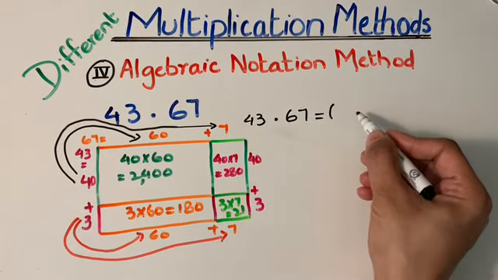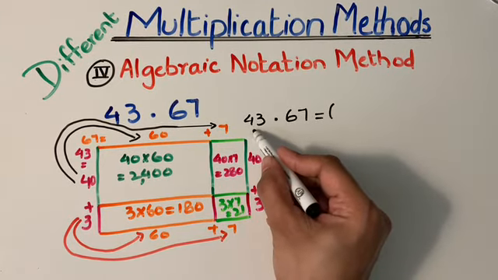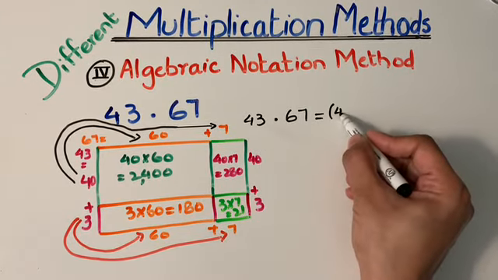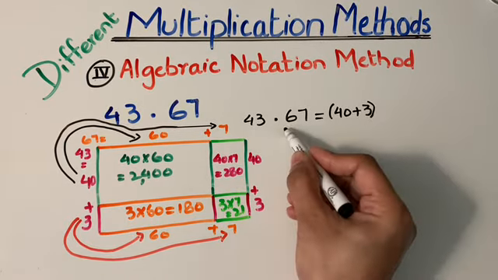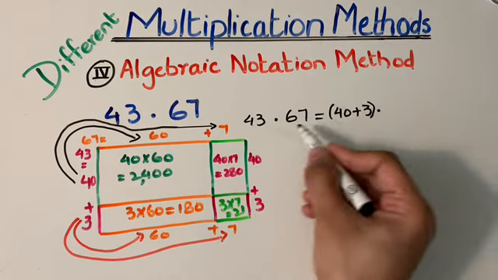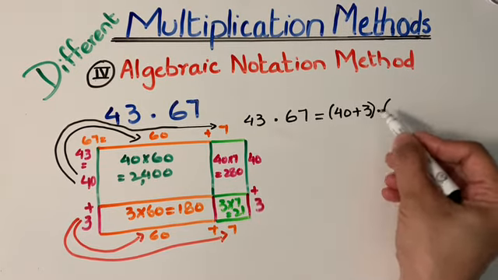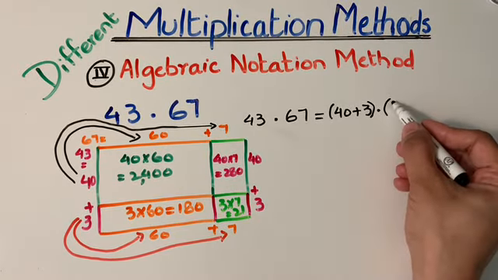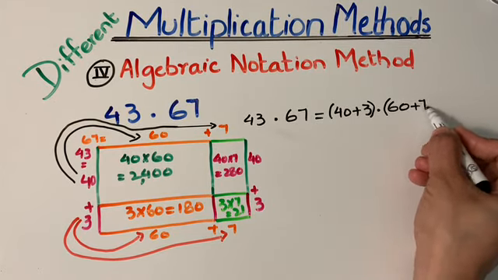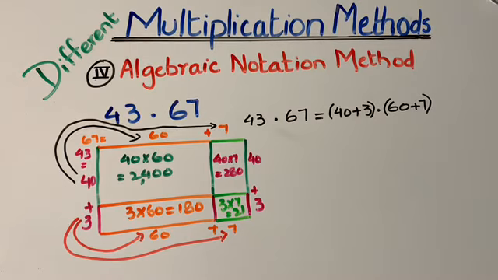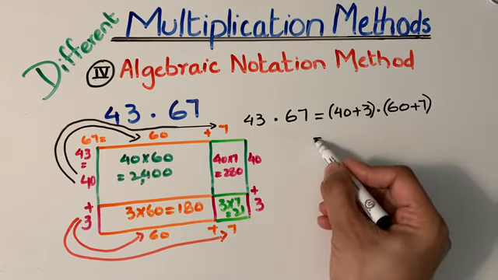So first I'm going to make a group. 43 is equal to 40 plus 3 and the multiplication sign, and then I'm going to make another group. 67 means 6 tens plus 7 ones. Okay, now we'll solve it.